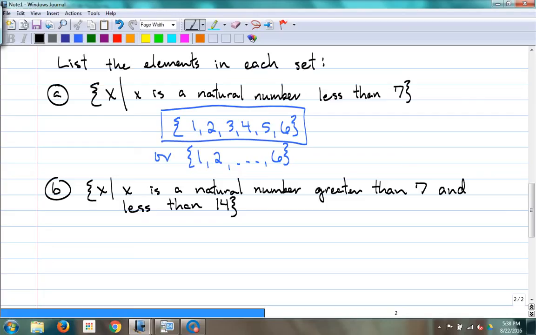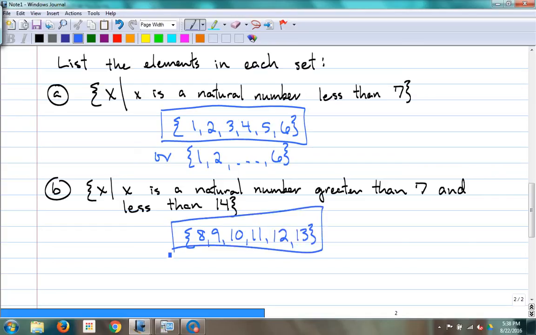Greater than 7, less than 14. What are the numbers that are in that set? 8 through 13. 8, 9, 10, 11, 12, and 13. Absolutely. That's our set. Listed all the elements of that.